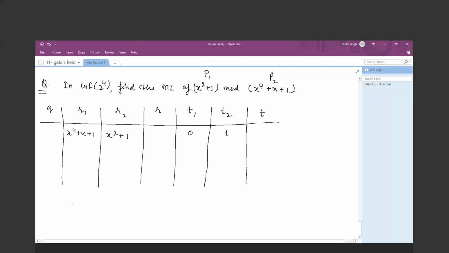So the first operation, in order to find the value of Q and T, is to divide x to the power 4 plus x plus 1 by x square plus 1. The manual method has to be used, there is no other method for this. So x to the power 4 and x square will cancel out, so x square plus x plus 1, plus 1.